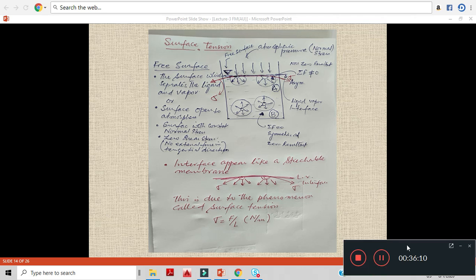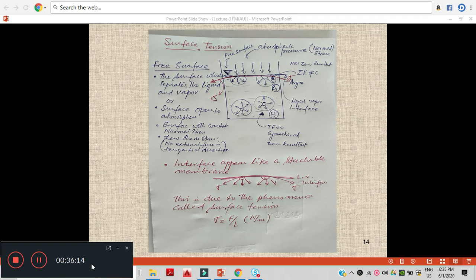So the surface tension force is a function of temperature, and surface tension is usually seen when the fluid comes in contact with the air, that is, only when there is a liquid vapor interface. If there is a liquid vapor interface on both sides, we can observe the surface tension phenomenon on both sides.